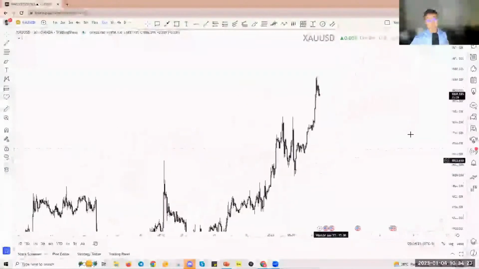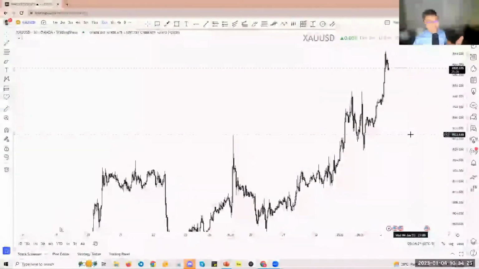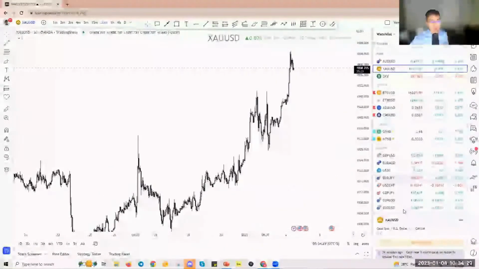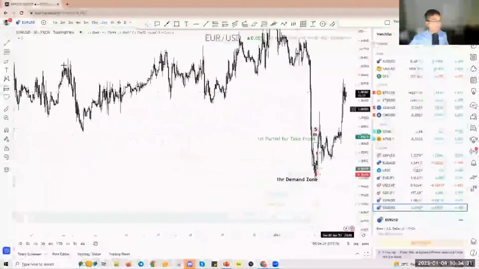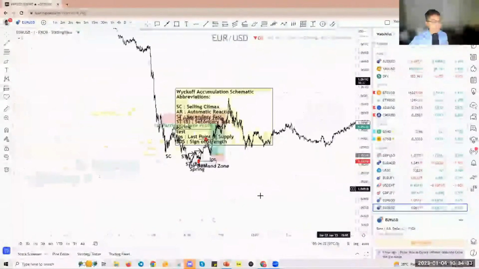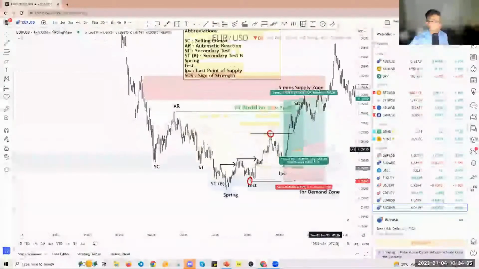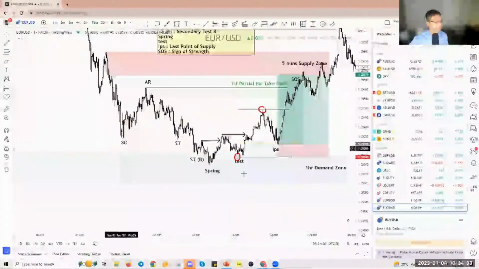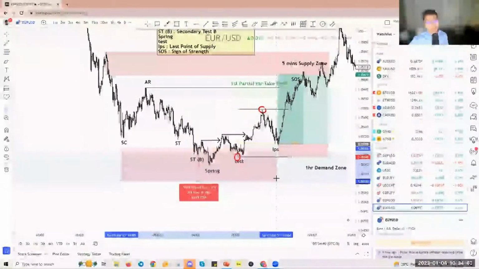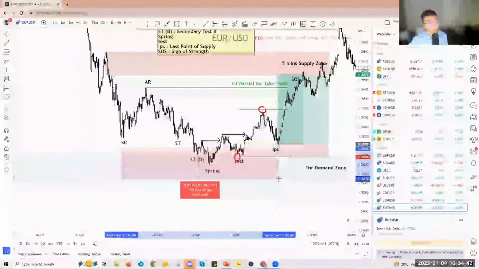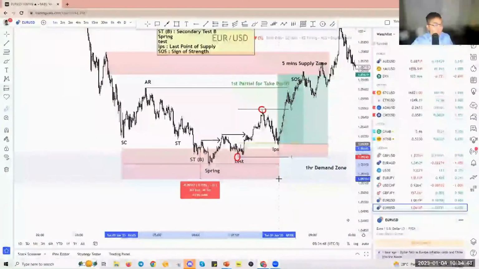From my personal trading experience, Wyckoff works well on 1 minute, but it takes a long time to form. For example, just now the euro dollar one took a good, nearly 4 hours to form the schematic. And it's on 1 minute. You can only see Wyckoff quite clearly on the 1 minute chart.